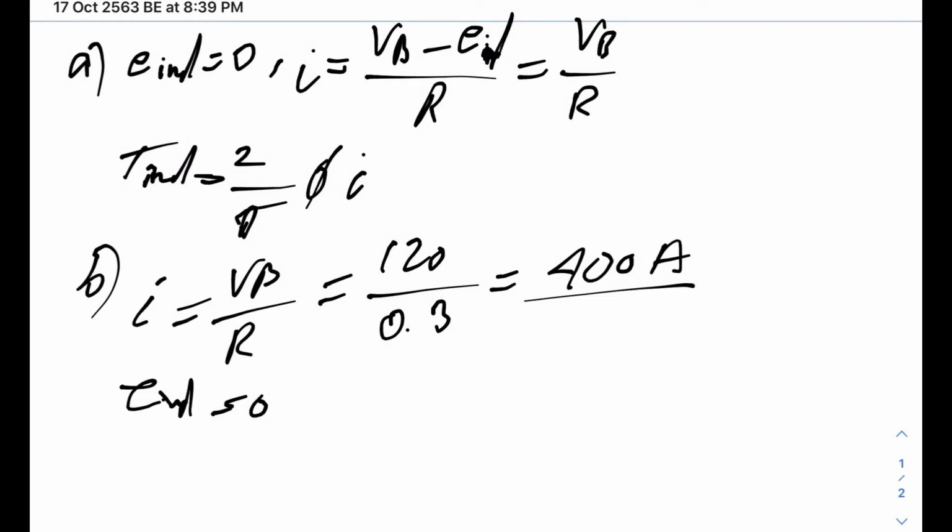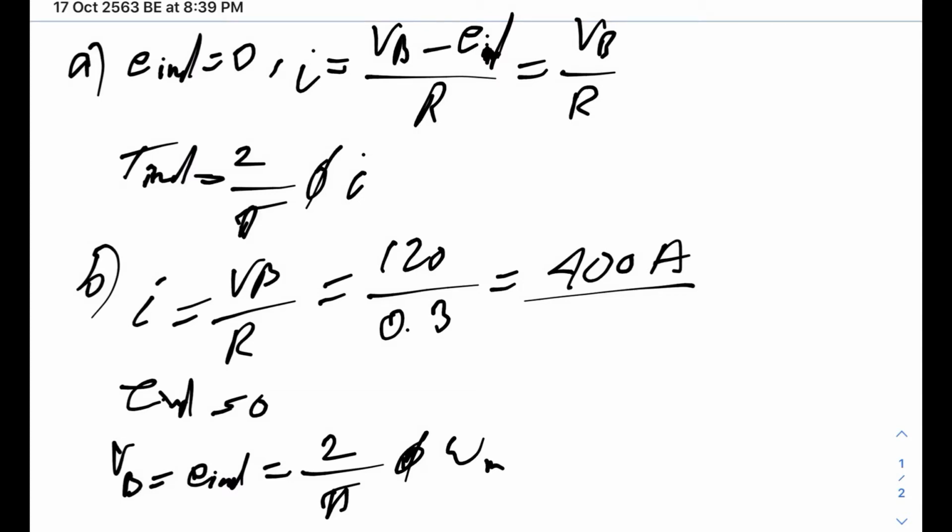Therefore, for the speed of the rotor, we can now write this equation: V battery equals E induced equals 2/π times flux times omega.